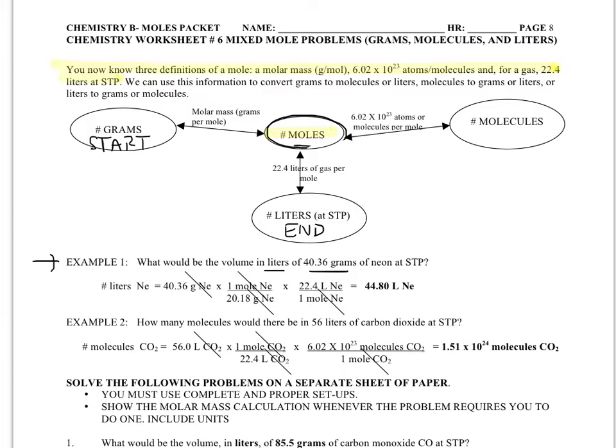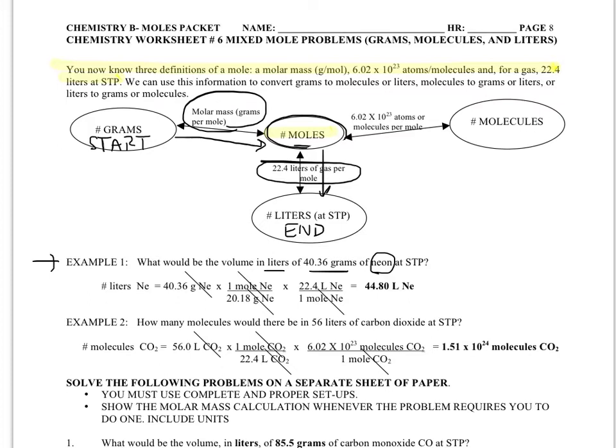Instead, what I need to do is go from grams to moles in one step, and that means I'm going to have to calculate a molar mass for, in this case, neon, so that shouldn't be too hard. And then I am going to need to go from moles to liters, and that's not any special calculation because I can use the 22.4 liters of gas being equal to 1 mole.